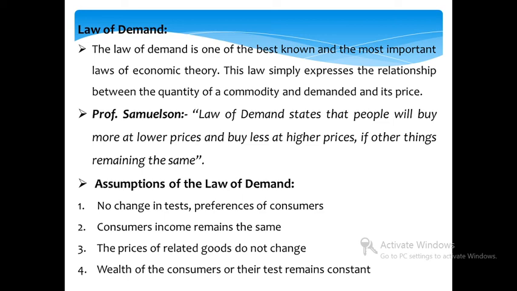Second assumption is that consumers' income remains the same. Third, the prices of related goods do not change. And the fourth assumption is that the wealth of the consumers or their taste remains constant. These are the four assumptions of the law of demand.